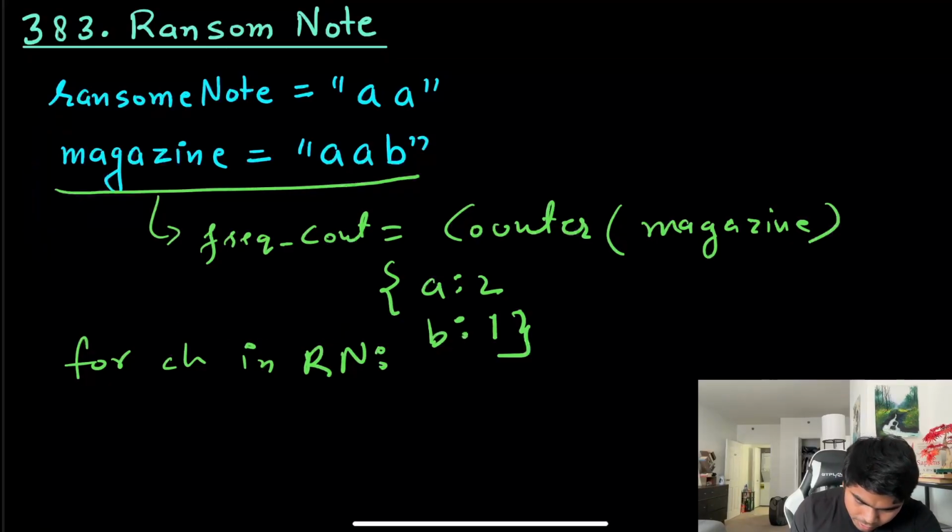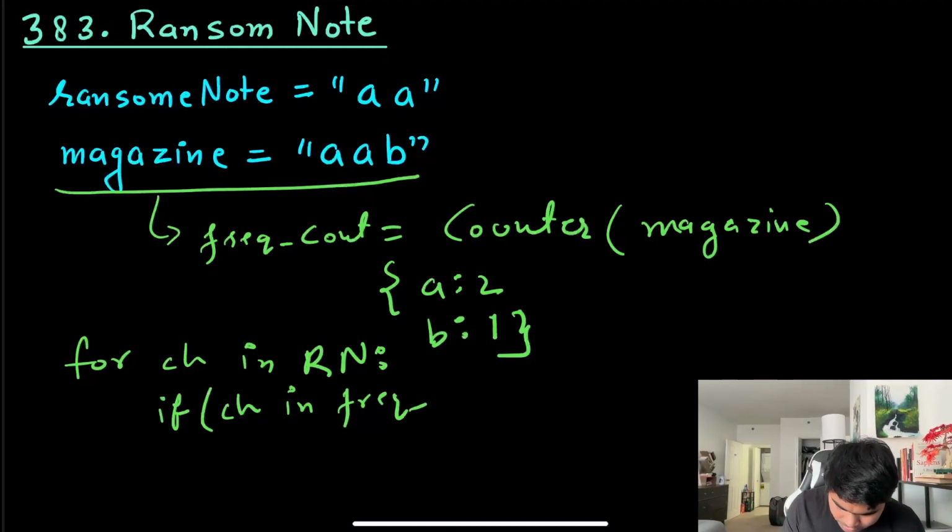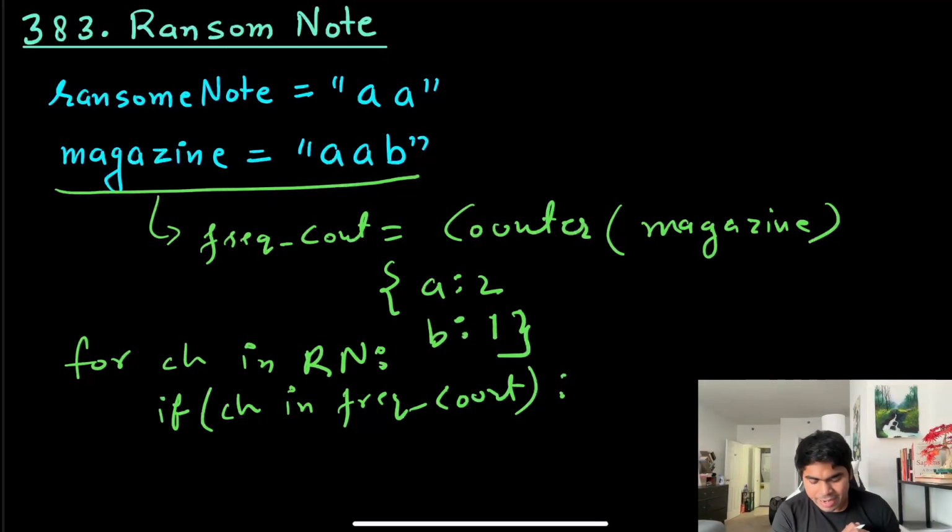So I will go over all the characters, and there are actually two things that can happen. First, this character might not exist in my frequency count.